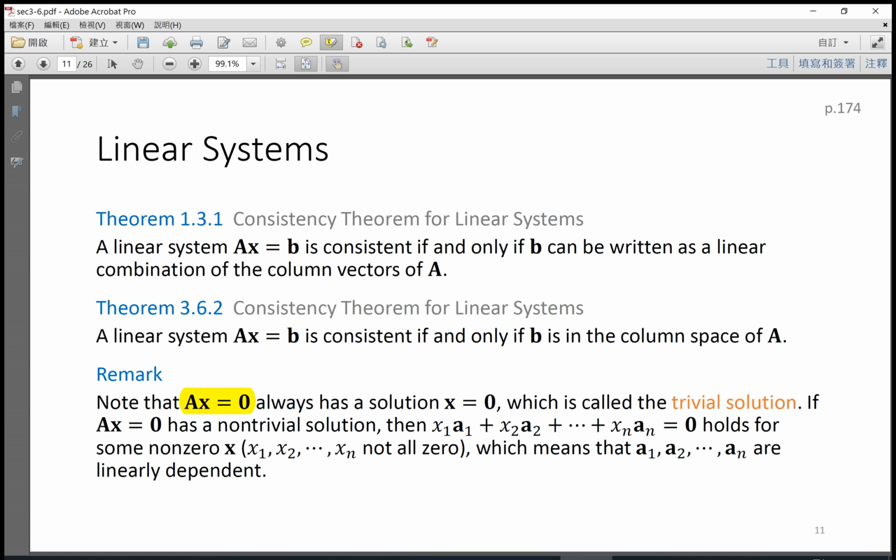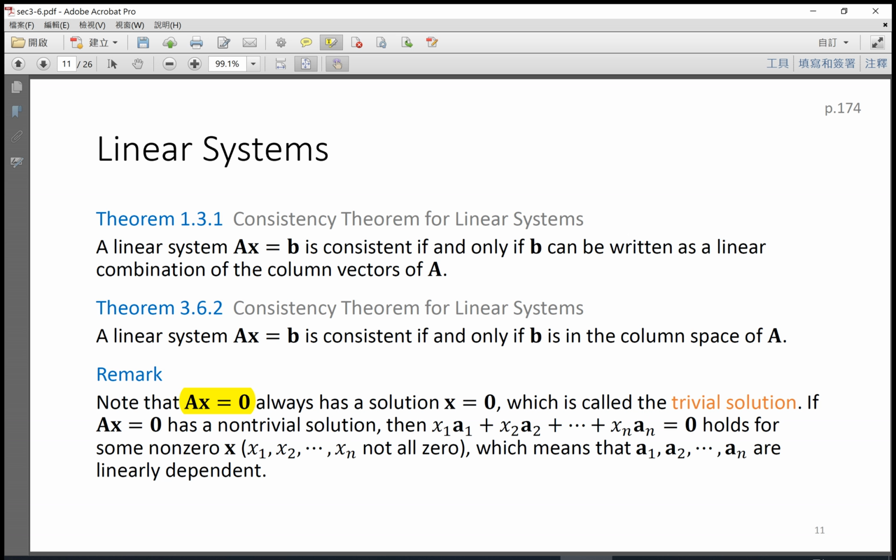Why is the zero vector in the column space of A? This is because the column space of A is a subspace, and a subspace always contains the zero vector. Hence, the homogeneous equation Ax equals 0 always has a solution.